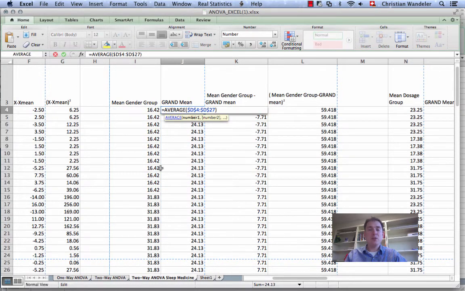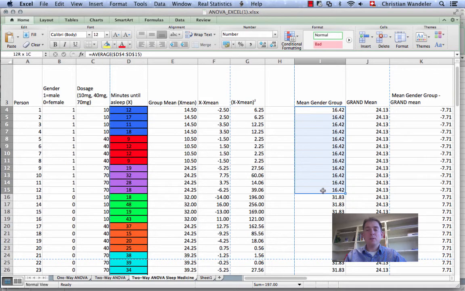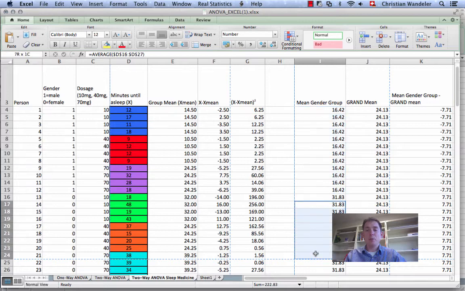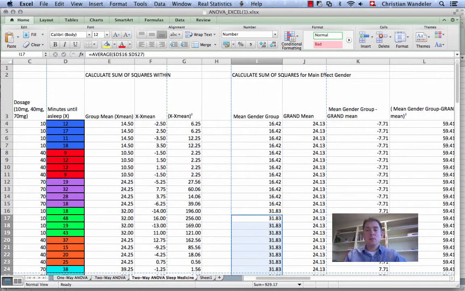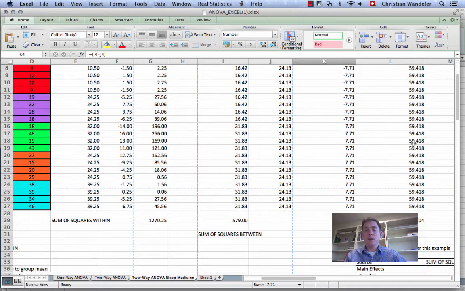This is the average of all the people in the study, which we call the grand mean. And then here we have the average for the men, and then we have the average for the women. Okay, and we calculate the difference between the mean of the gender and the grand mean. We square it, and we add it all up.